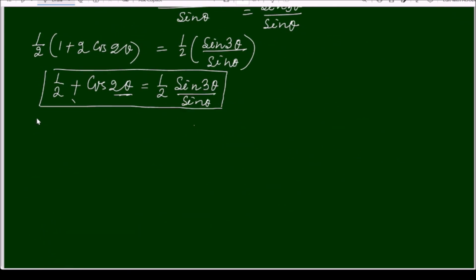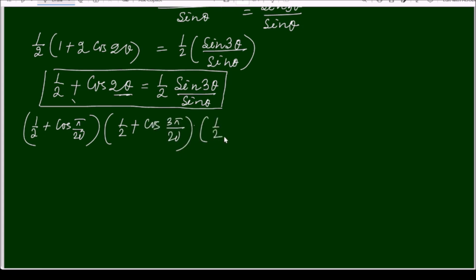The question was the product of half plus cos pi by 20, multiplies half plus cos 3 pi by 20, half plus cos 9 pi by 20, and half plus cos 27 pi by 20.